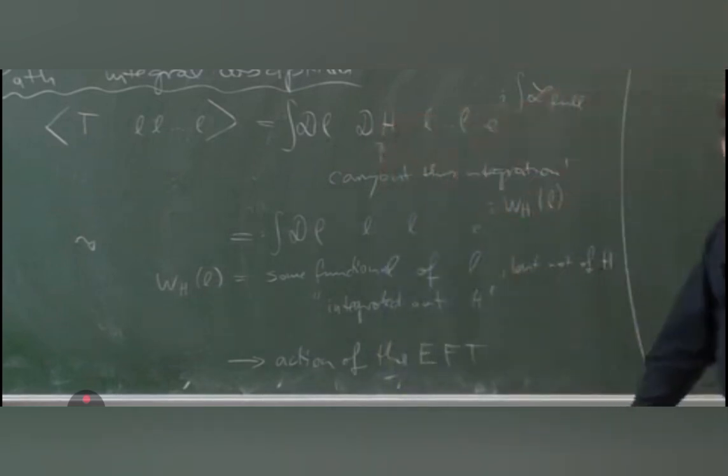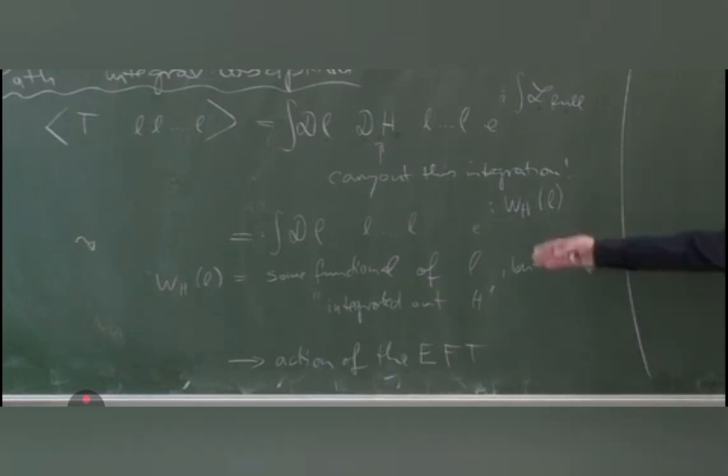However, what we have not yet established is whether this action, W_H of L, has the form of a normal action that we know in quantum field theory, namely an integral over a Lagrangian density, where the Lagrangian density is actually local. Not every functional is a space-time integral over a local Lagrangian density.